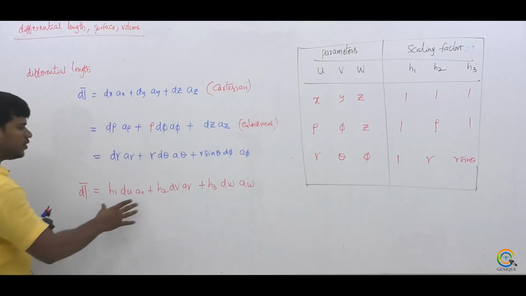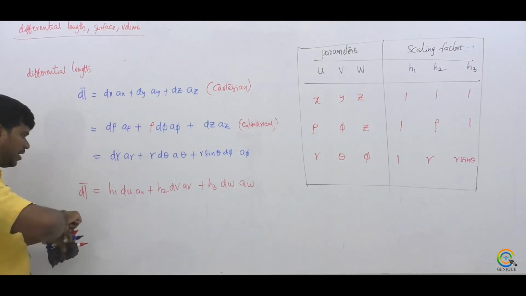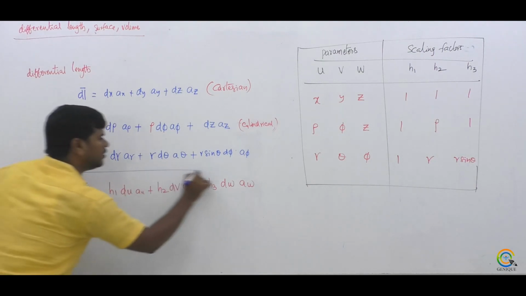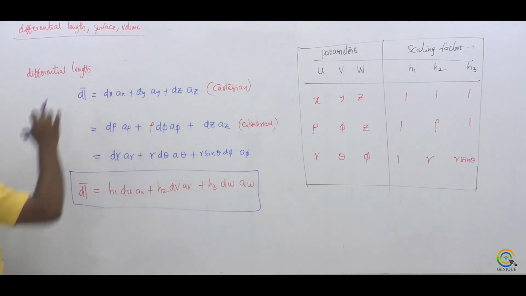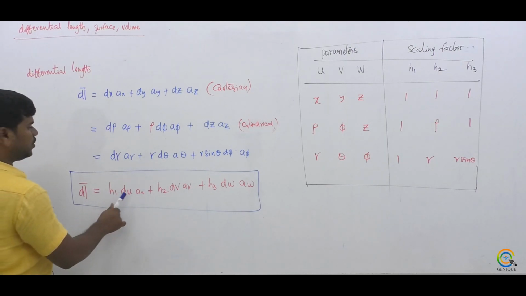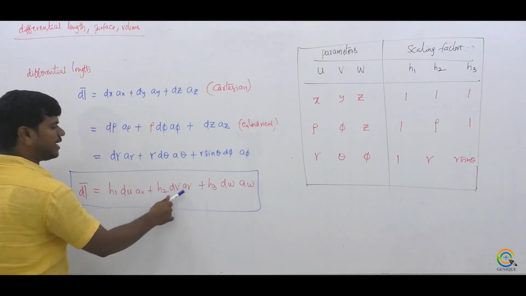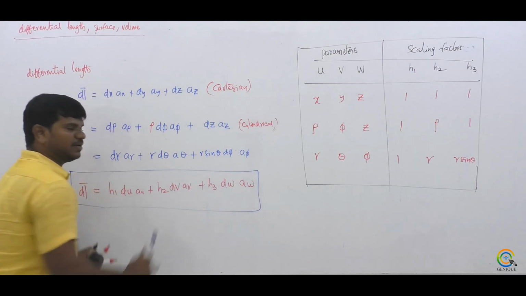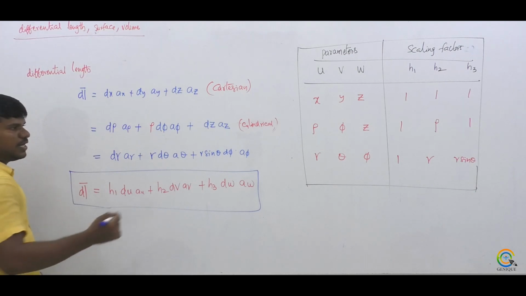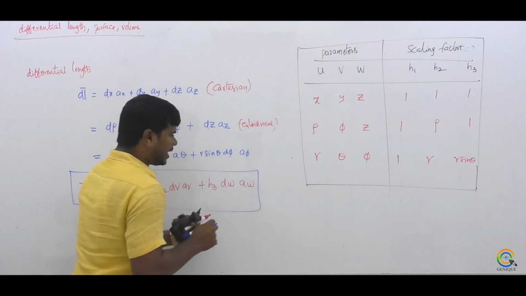This is the generalized formula. Suppose I want to write the differential length for the Cartesian coordinate system, how can I write? h1 is 1, so 1 into dx ax, 1 into dy ay, 1 into dz az. Suppose I want to write it in terms of the cylindrical coordinate system, how can I write?